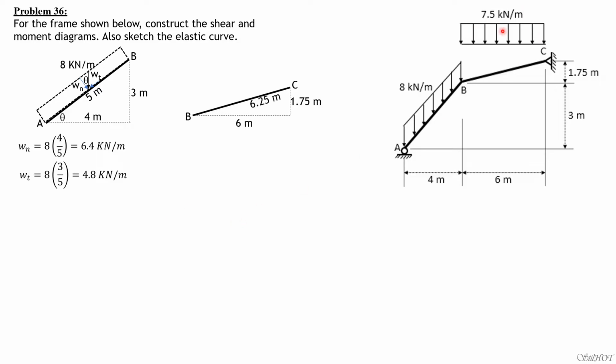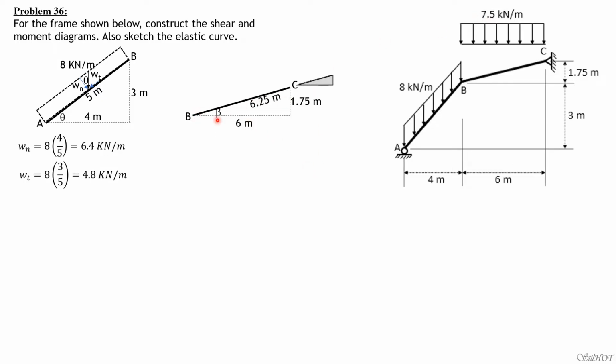And for this portion here, this is a load over the horizontal projection. So the total load is 7.5 over the horizontal projection, but this member is inclined. Therefore, the load over the inclined member is 7.5 times 6, then we divide that by the length of member BC.